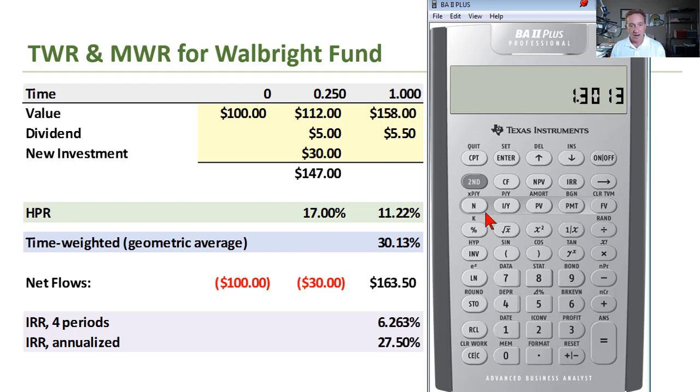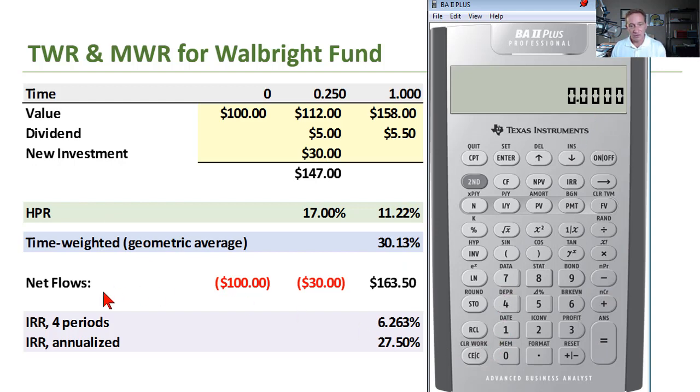Oh, I got lucky here. My first holding period was 3 months. My second sub period, 9 months. They end up at 1 year. I'm already annualized just by definition, the fact that my sub periods add to 1 period. So I get some luck there. Subtract 1, get my time rate of return of 30.13%.